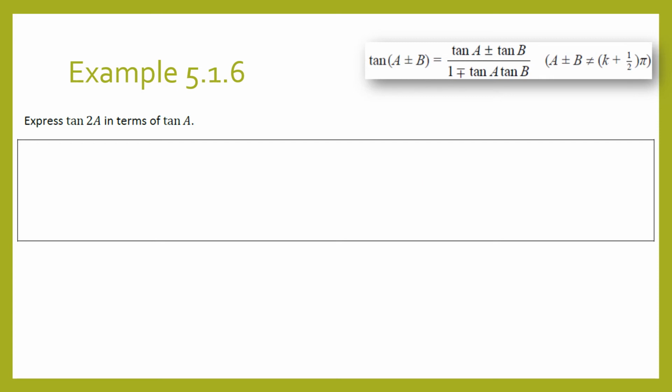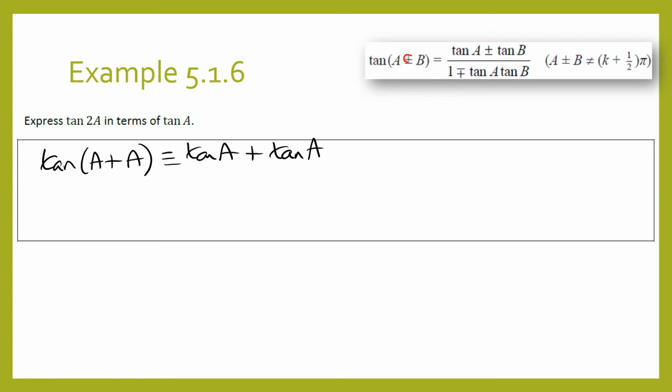Right, hopefully you let A and B both equal the same thing. So that gives us in the numerator tan A, and we want a plus next. This plus because we're choosing the upper symbol here, so we want the upper symbol in the numerator, but then we want the upper symbol in the denominator as well.